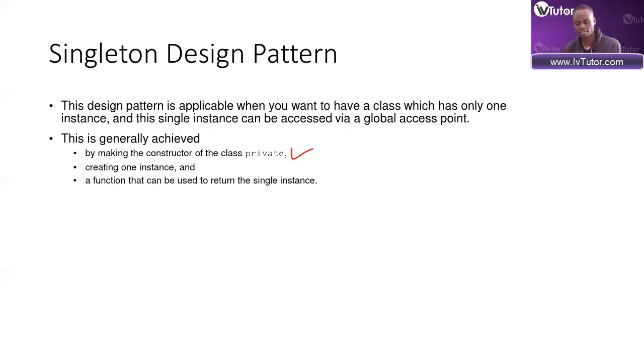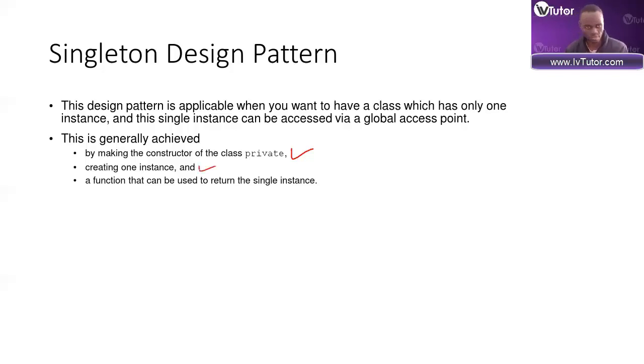So the instance can only be created within this class. Okay? So the second thing that you want to do is create an object that you use to store the instance within that class. So you create a pointer that stores that one instance, right?